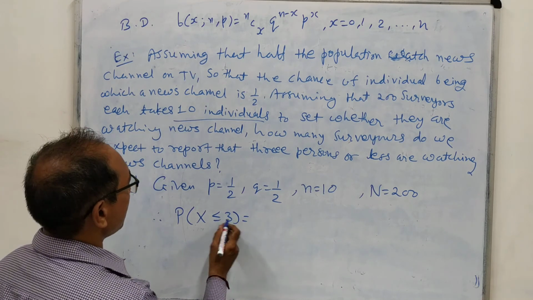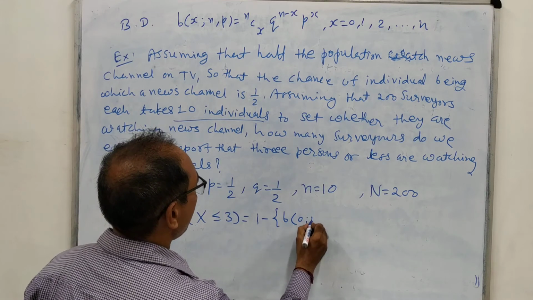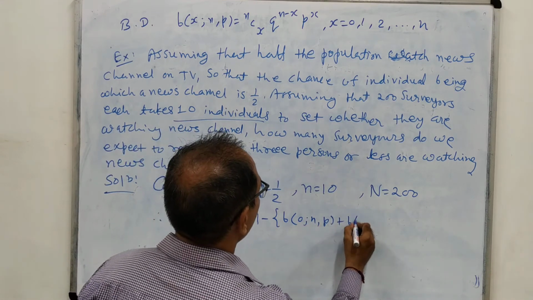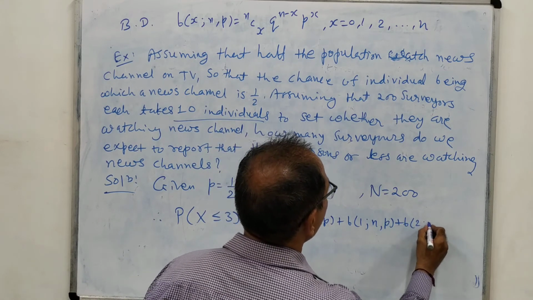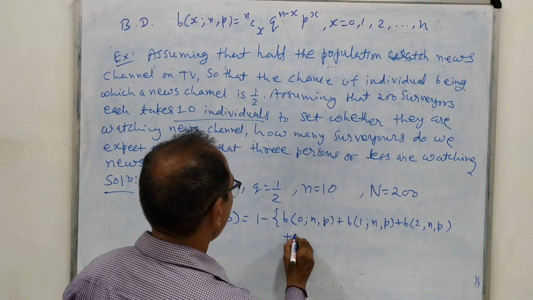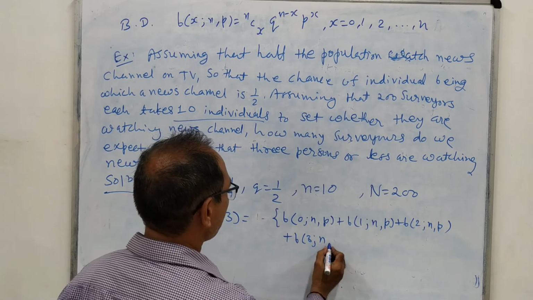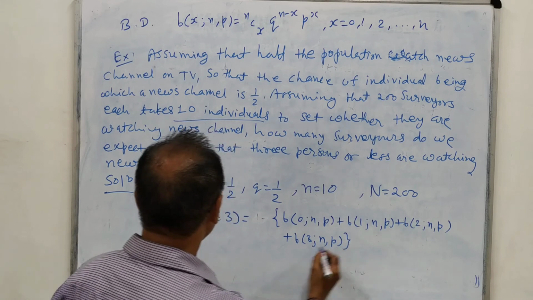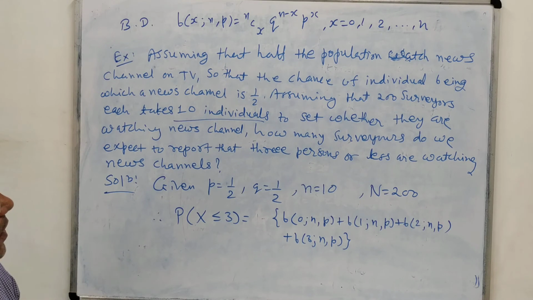So this is nothing but b(0; n, p) plus b(1; n, p) plus b(2; n, p) plus b(3; n, p). Sorry, 1 minus is not required, because we are using directly less than or equal to. If it is greater than or equal to, then we may use 1 minus.